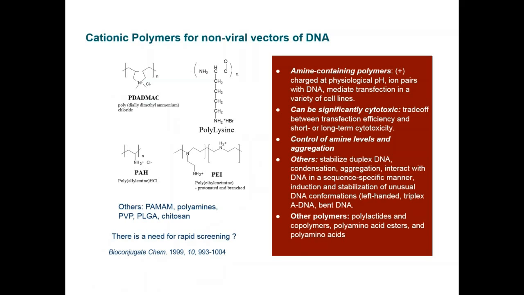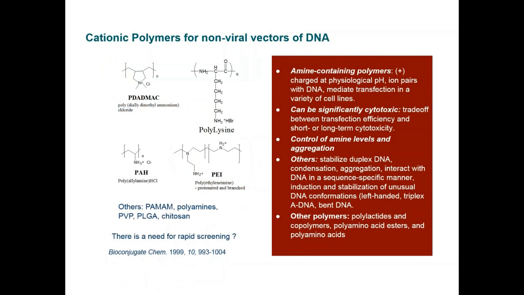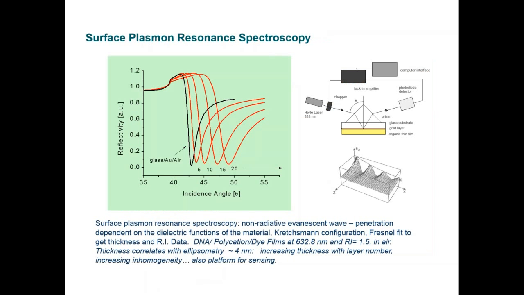And in this case, we use what we call a layer-by-layer technique. So I'll just show how we did this. The layer-by-layer technique is basically alternating between a polycation and DNA, and we can incorporate dyes, and then monitoring it with a number of techniques. So for example, we use a dendrimer or PDADMAC to make layers of DNA derived from sperm whale.